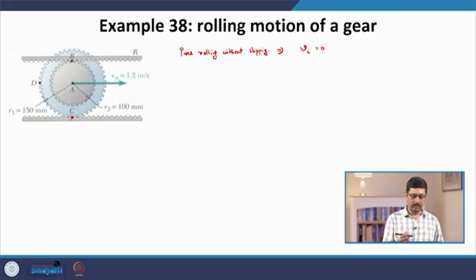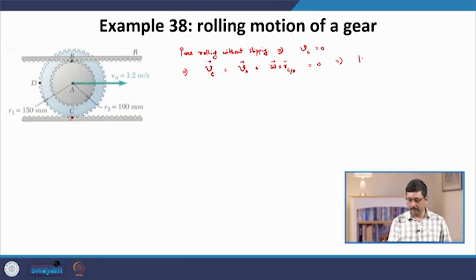This gives us a constraint: V C has two pieces, one is V A plus the motion of the point C with respect to A, which is omega cross R C A, and that is 0.